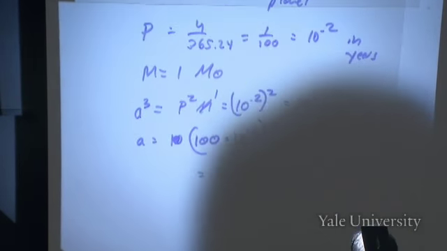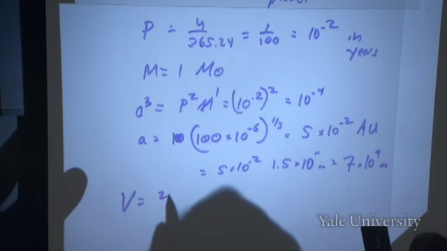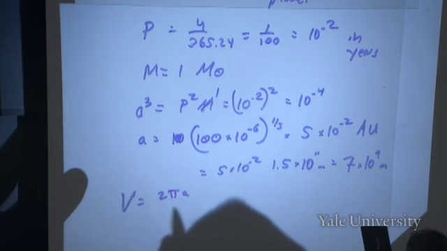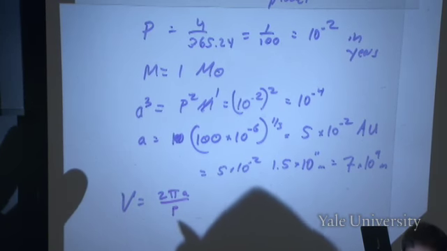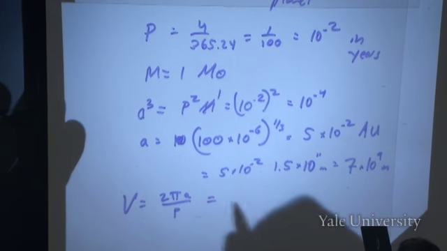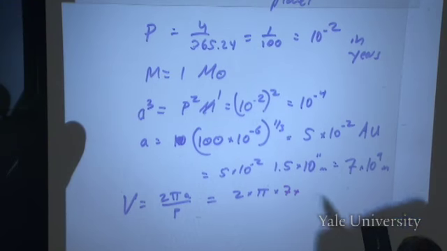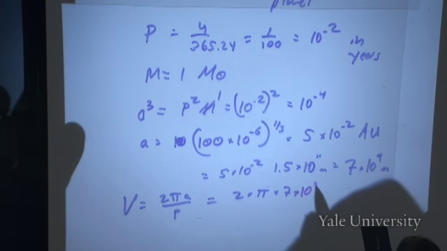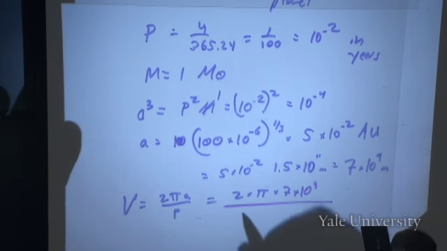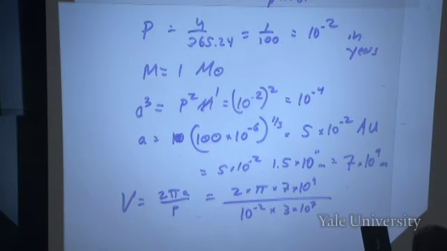Now I'm about to, because what I'm going to do is figure out the velocity that this planet is moving at. That's 2 pi a over p. We wrote that down a little while ago. A I just figured out, so 2 times pi times 7 times 10 to the 9. P is 1/100th of a year, so that's 10 to the minus 2 times 3 times 10 to the 7, which is the number of seconds in a year.